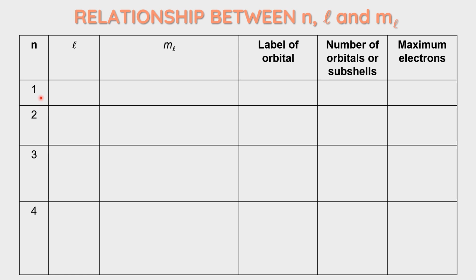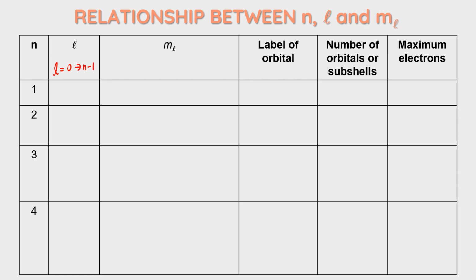Okay, let's start with the first value of energy level, which is n equals to 1. So for the value of n equals to 1, the l value will be, if you still remember, l will take the value from 0 until n minus 1.